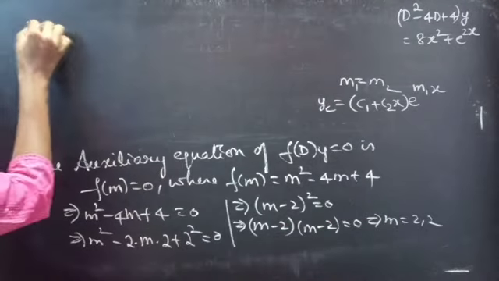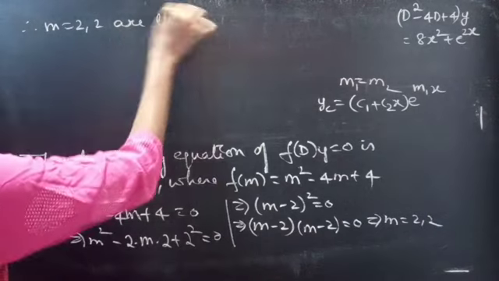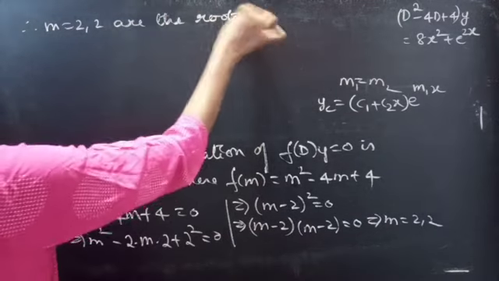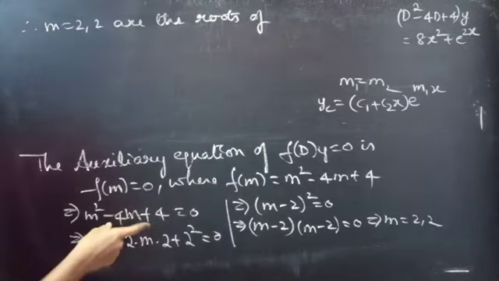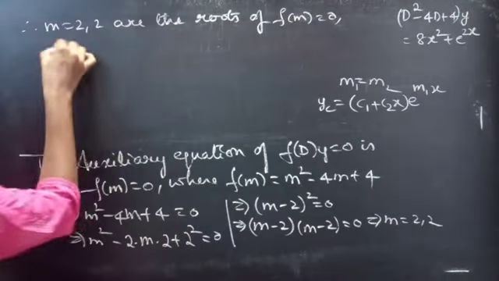Therefore, m equals 2, 2 are the roots of our auxiliary equation F of m equals 0, which are equal.